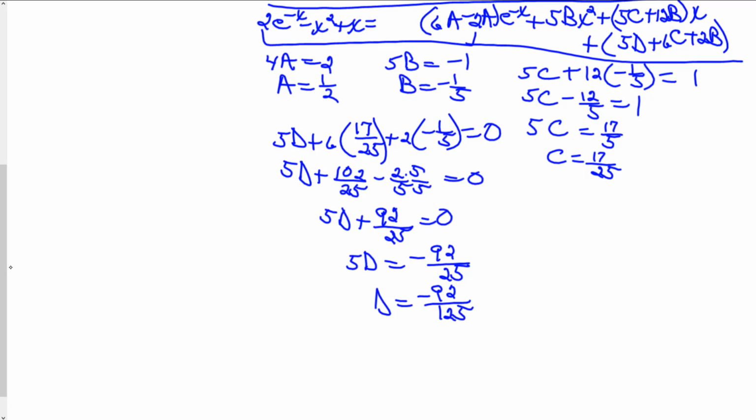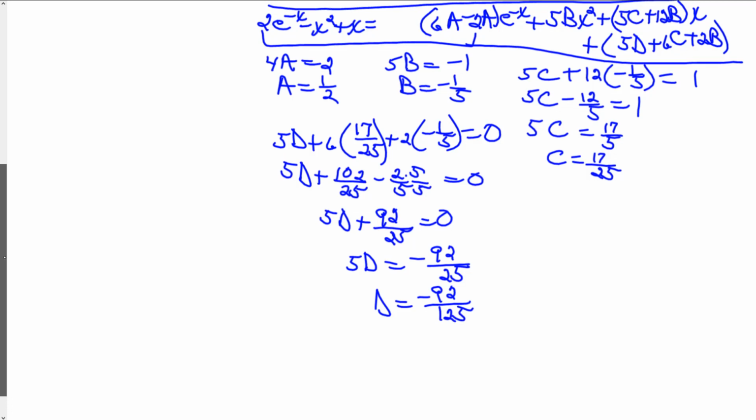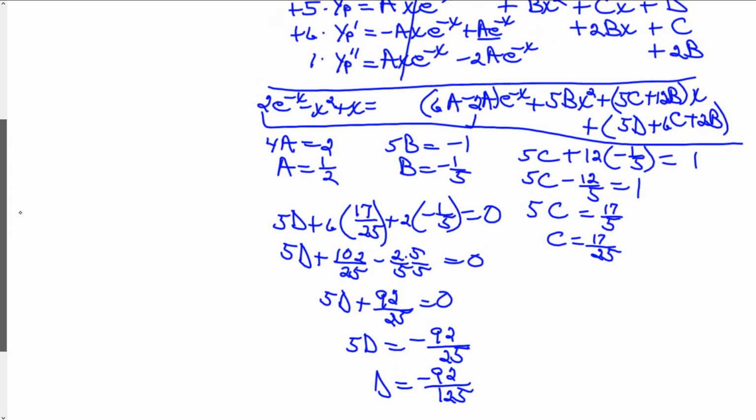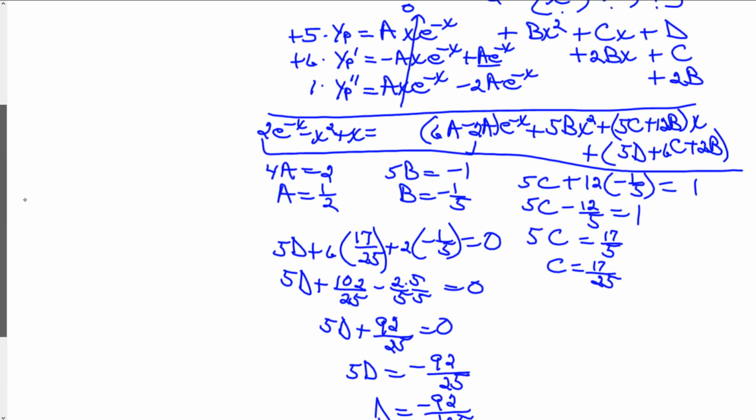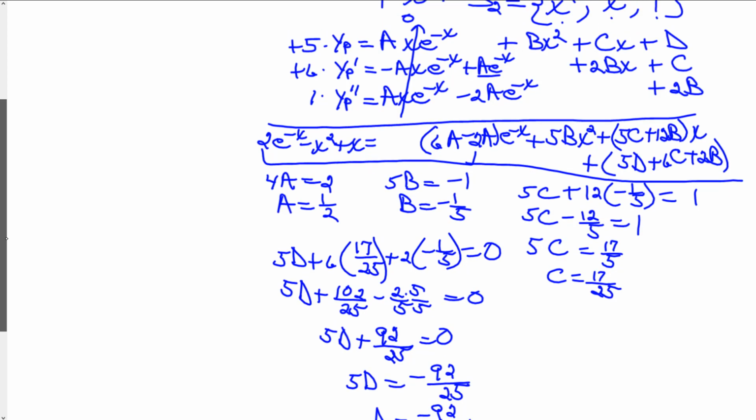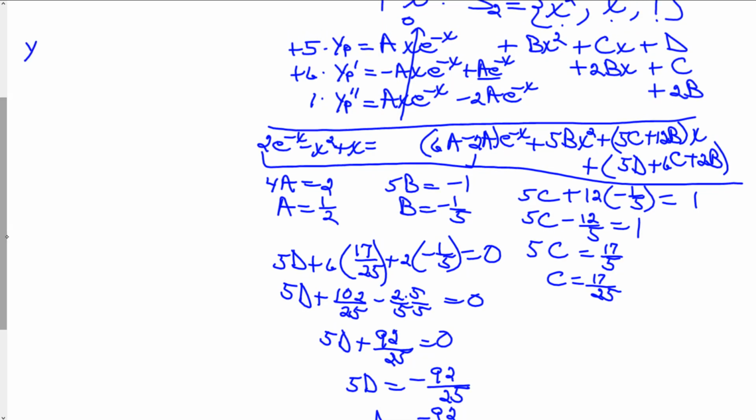Okay. So at that point, now you have to go back and look at your original setup for y sub p. What was y sub p equal to? Because you've got to plug those numbers into the right places. All right, so we had y sub p equal a x e to the negative x. So that's 1/2 x e to the negative x plus b x squared.